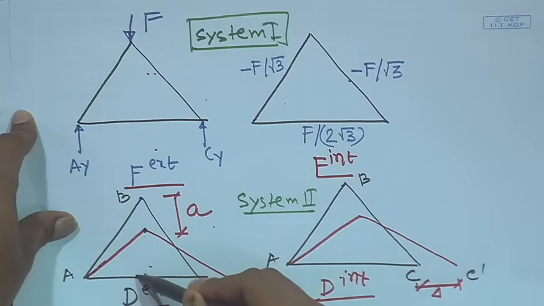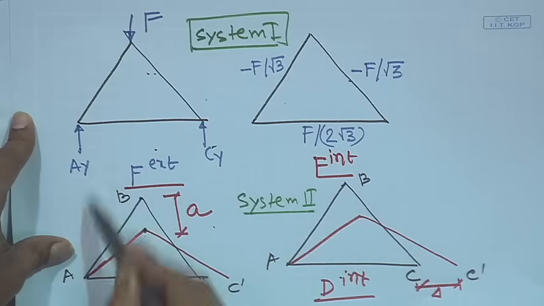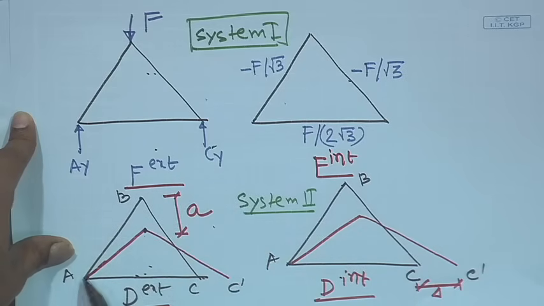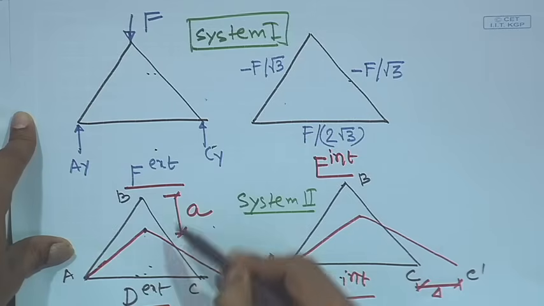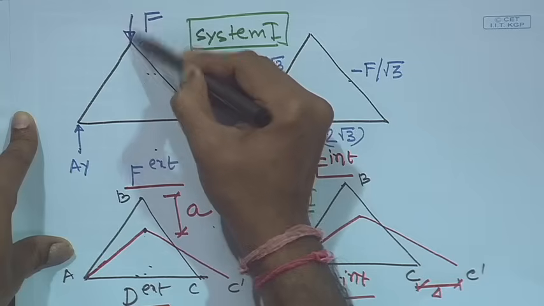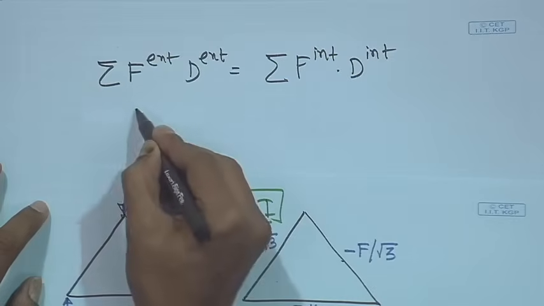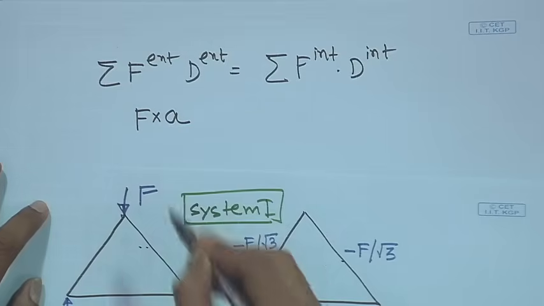If we check, these two forces will not contribute because in this direction there is no movement at point A and point C. The only force that will contribute is F. So, this becomes F into A.